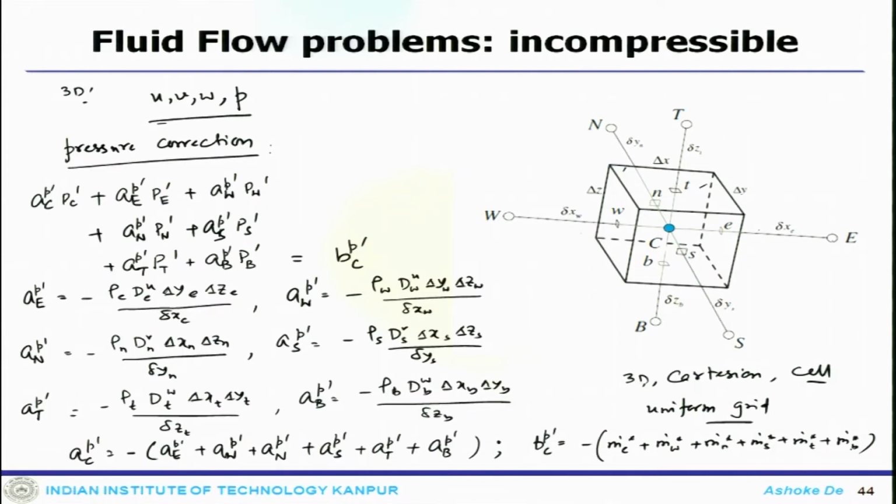Now, once we are talking about this staggered grid system, it is not necessarily that always this is going to be advantageous. There are certain situations where the staggered grid can also be problematic. For most of the regular calculations staggered grids are helpful, but you cannot use them for every case.